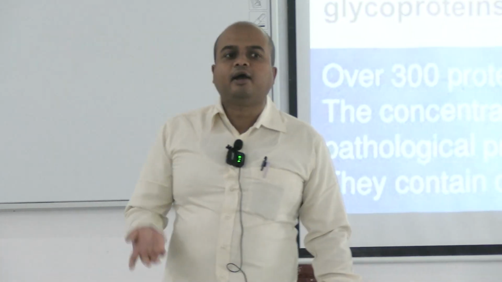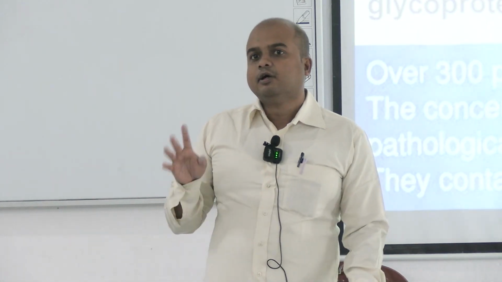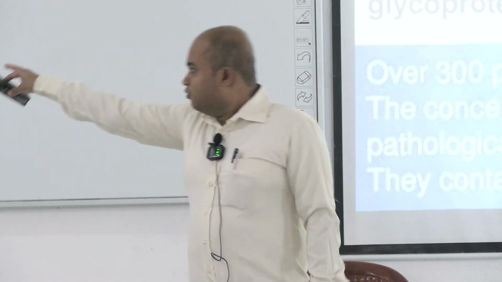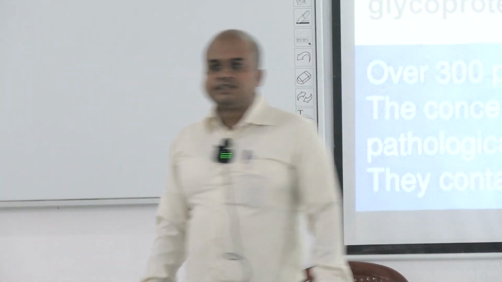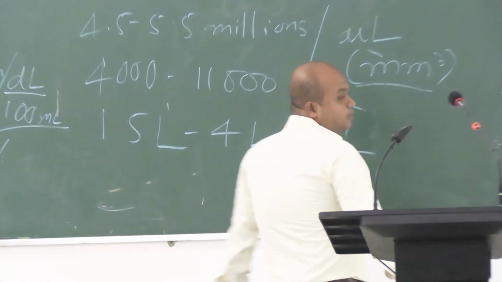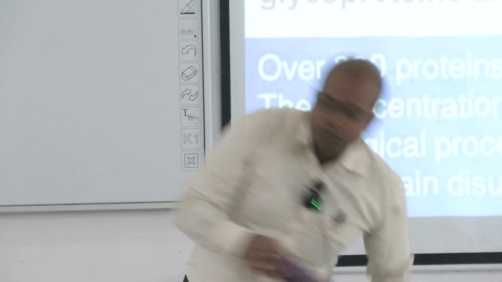So for hemoglobin we use per dl, which is the same thing as per 100 ml, or just percentage. 12 to 15 gram percent means gram per 100 ml. For blood cell counts we use per microliter or cubic millimeter of blood.